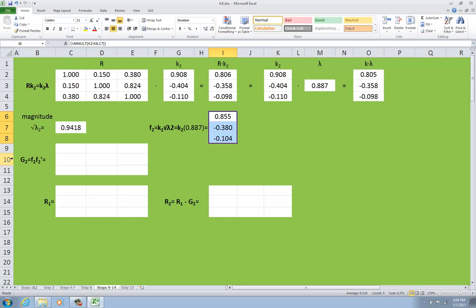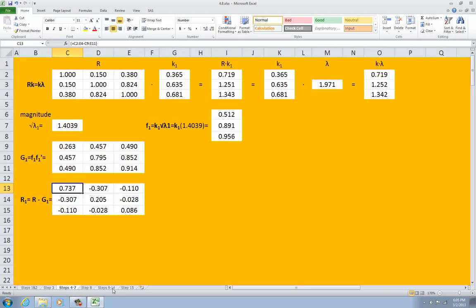Now we're going to get G2, the matrix of second factor products, and that's obtained by post-multiplying F2 by its transpose, like we showed in steps 4 through 7. Actually, I believe that was step 6.